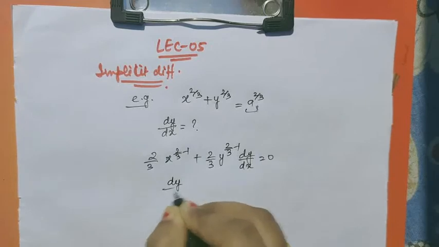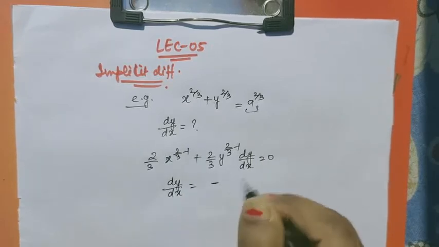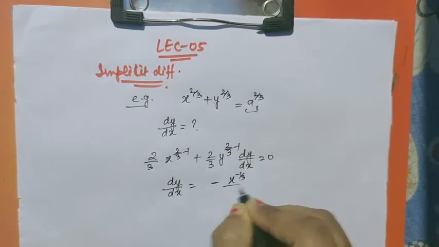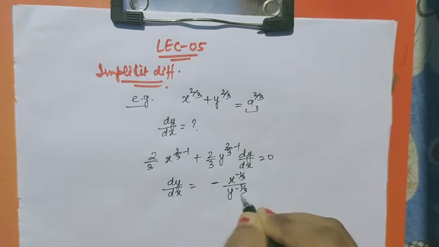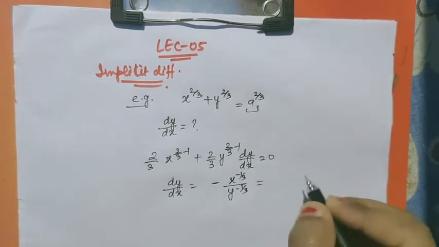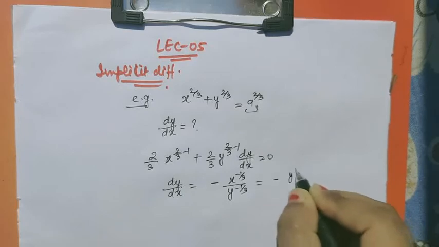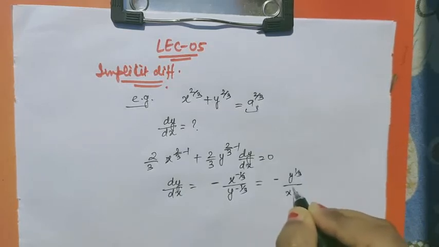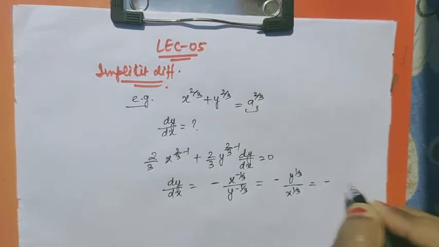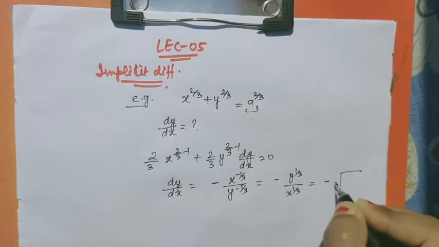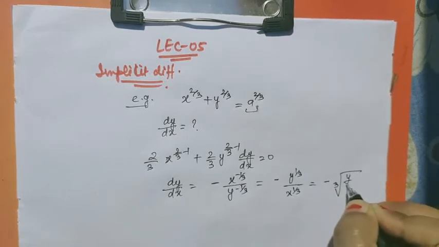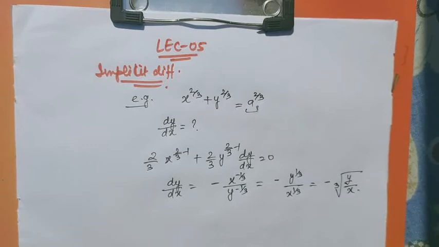So dy by dx will be minus of x raised to power minus 1 by 3 divided by y raised to power minus 1 by 3. You can write it as minus y raised to power 1 by 3 over x raised to power 1 by 3. Also you can write it as minus the cube root of y by x. Yes or no?